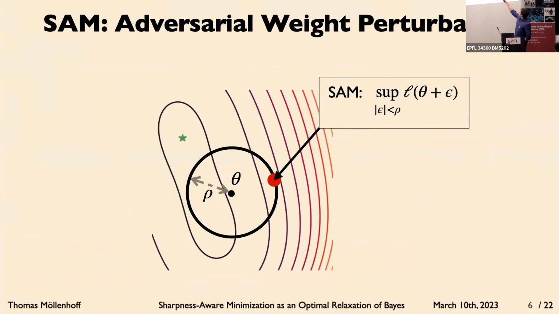This epsilon is in a ball of radius rho. So rho is a hyperparameter. It's searched with graduate student descent. We search for the worst case loss in that ball. Then we try to minimize this worst case loss. They came up with some approximate method to solve this loss, and it gave these great results.